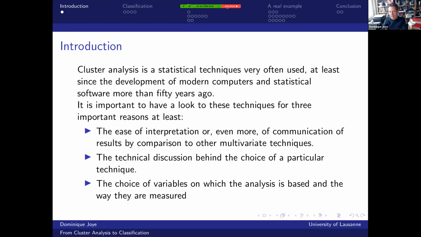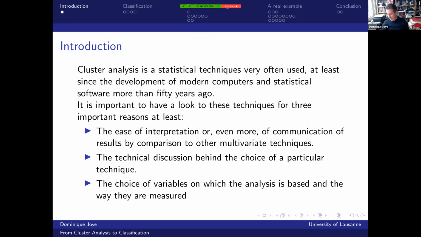You can do that, but it's not always very easy to understand the concept of latent variables and how to share the idea of latent variables with people, at least for journalists, political people, and so on. So it's rather easy to use a classification. That means saying, okay, we have found different groups in the data, and this group 1 is this one, this group 2 is this one, and so on. And it's rather easy to communicate. So that's a good point of the classification.